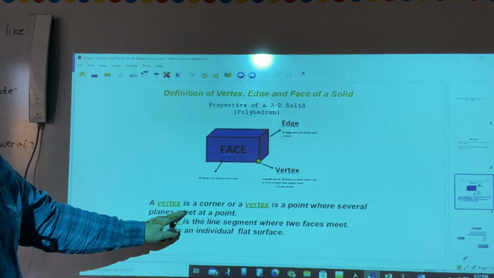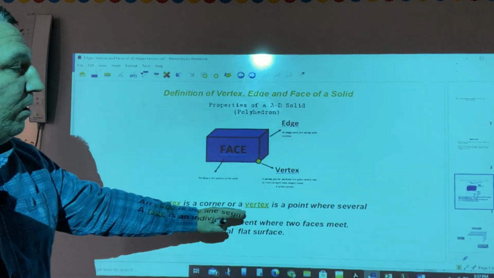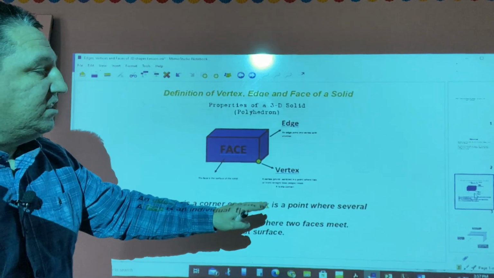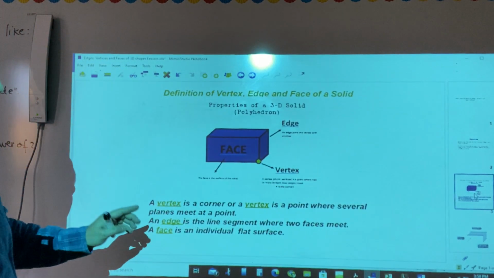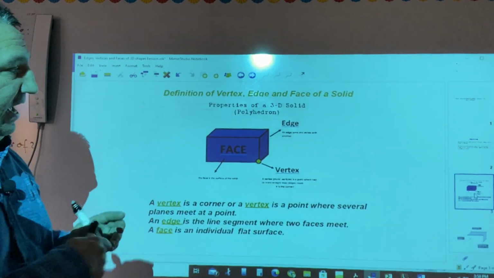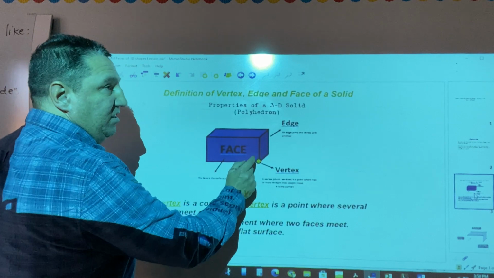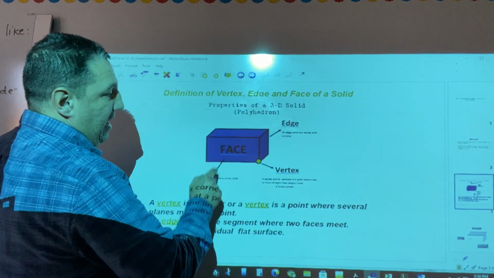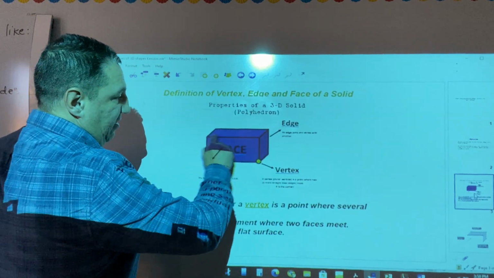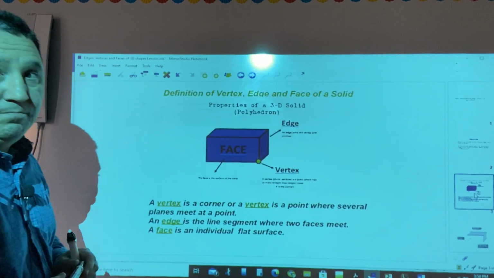A vertex is a corner of the 3D shape, or a point where several planes meet at a point. As we see here, this vertex is the point of intersection between this plane, this face, and the bottom one.